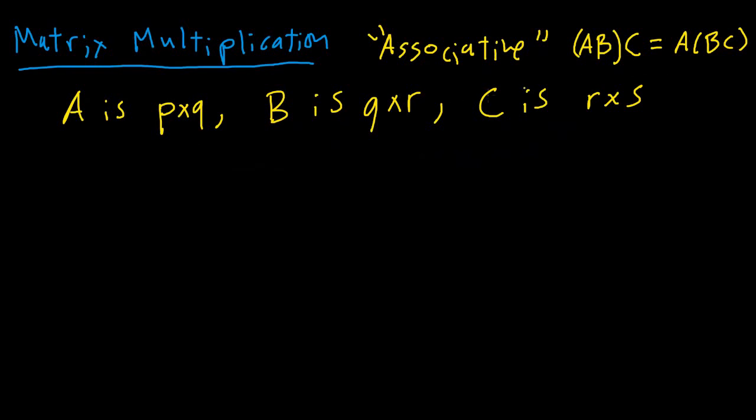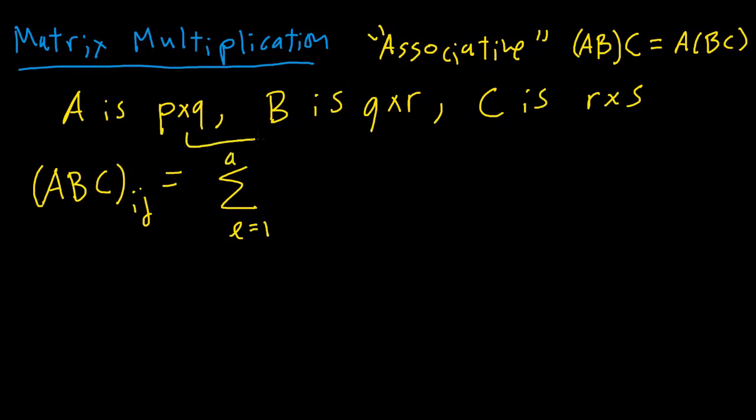And the total matrix ABC, the ijth component of that, is equal to the sum from L equals 1 to Q, right?